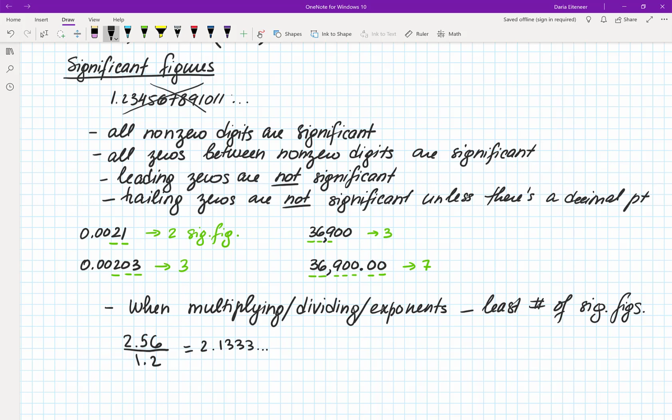The numerator has 3 sig figs, the denominator has 2 sig figs, so my answer is going to be rounded to 2 sig figs. The rest is not going to matter. So this is actually going to turn into 2.1. You can use this rule if you want, but again, it's not super essential in this class.